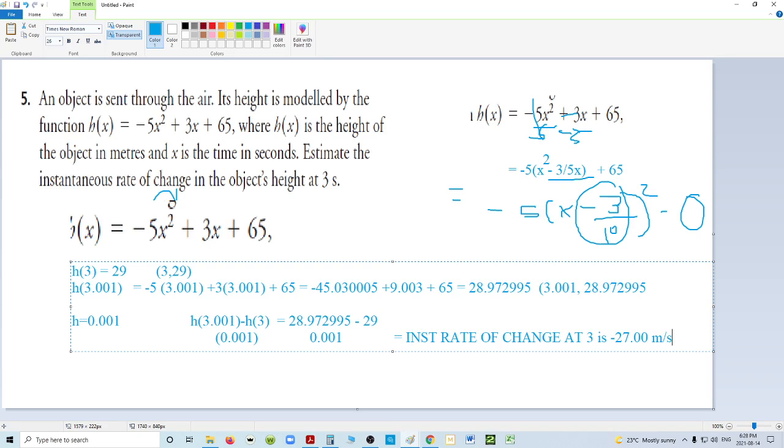Is that close to the average rate of change I took above, where I said it was 36 divided by 3? No, it's not. And that's because we have huge acceleration. Always verify your work. So we're going to take minus 5x squared plus 3x plus 65.